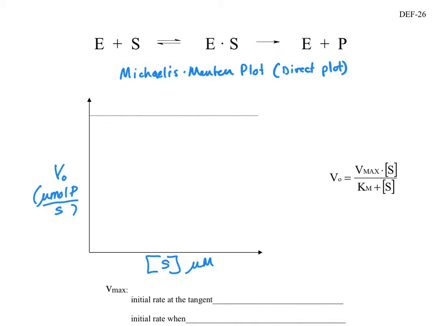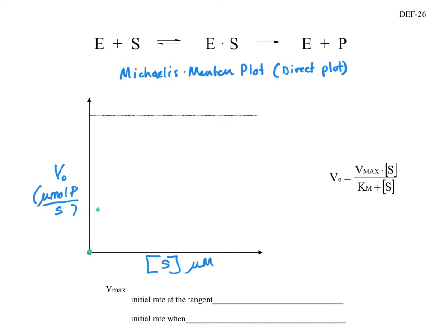So let's take a peek. First of all, if you have no substrate in a reaction, you can't make any product, and therefore you can't have any velocity. So just like on the previous page, 0, 0 is always going to be one of our points.